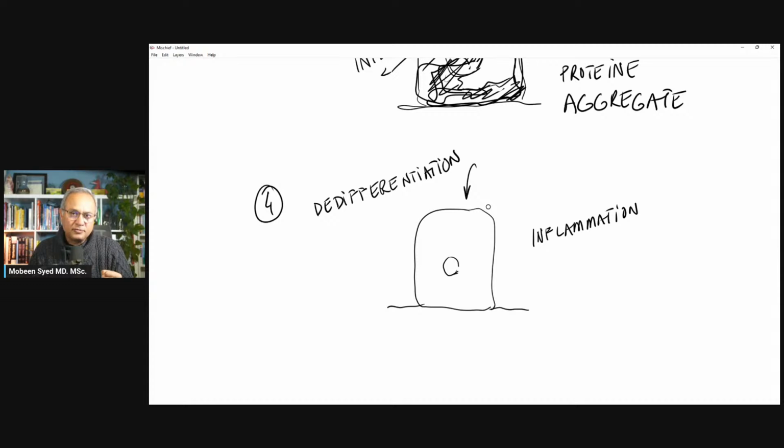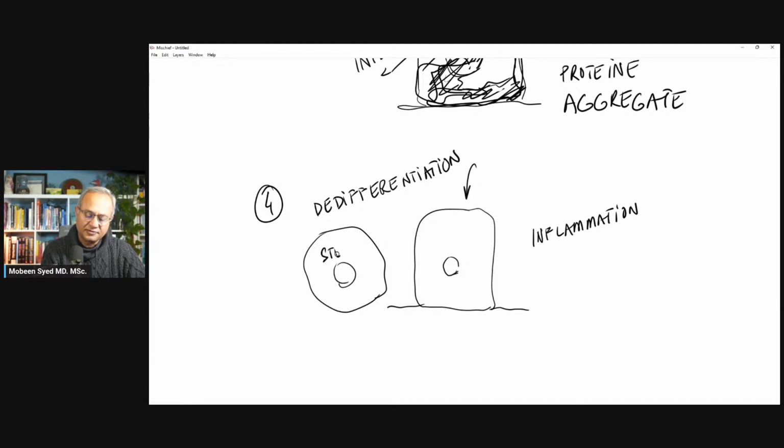Let's say this is a parent cell. This is a stem cell, right? This is a stem cell that is the parent of this beta cell. When a daughter is born from a stem cell, the daughter cell can commit to do something.